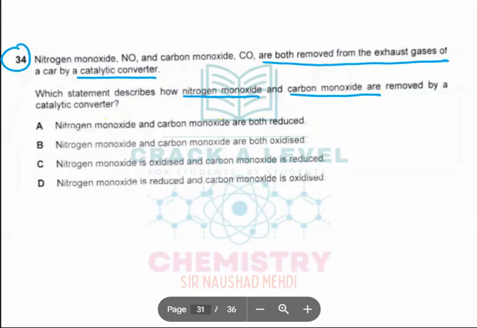So we all know that the nitrogen monoxide reacts with the carbon monoxide in the catalytic converter, and it's converted into nitrogen gas and the carbon dioxide gas.